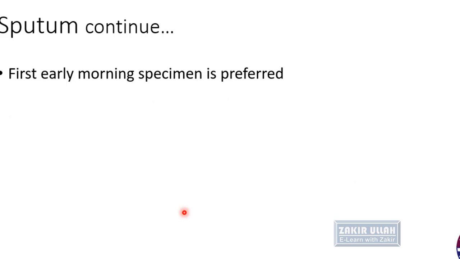For a sputum specimen, the first morning specimen is preferred because the sputum is collected the whole night, and every possible pathogen may be present in the first early morning specimen.